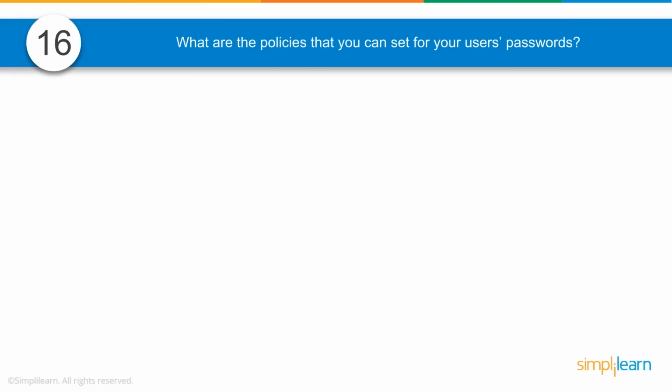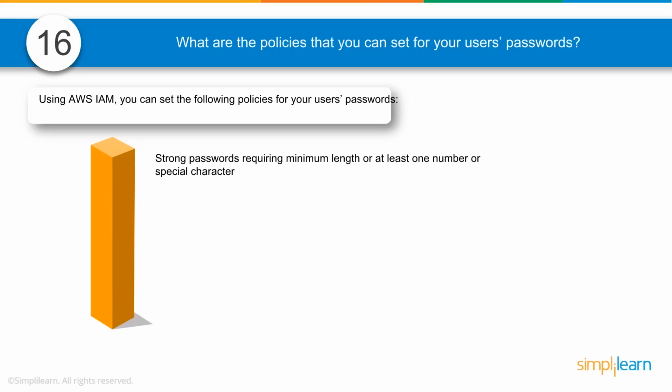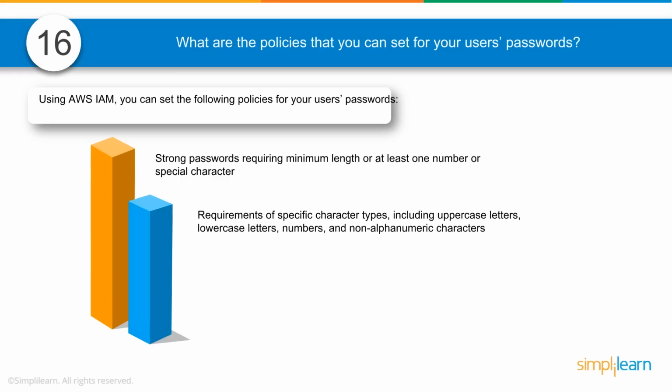Another question you will see is, what are the policies that you can set for your user's password? Some of the policies we can set are the minimum length, or the complexity of the password by having at least one number or one special character. And then the requirement of specific character types, including uppercase, lowercase, number, and non-alphabetic characters.